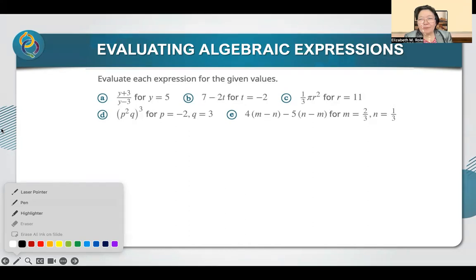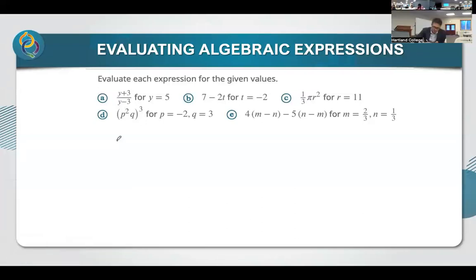Following the principles of operations on signed numbers. No, wait, that's right. That's right. What was I thinking?